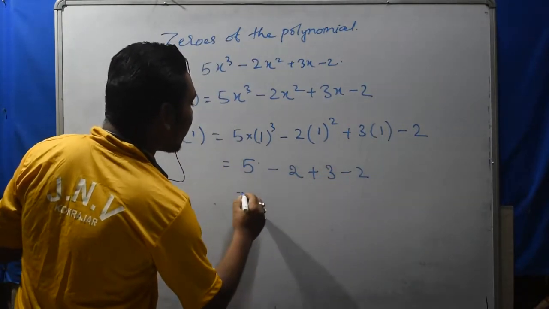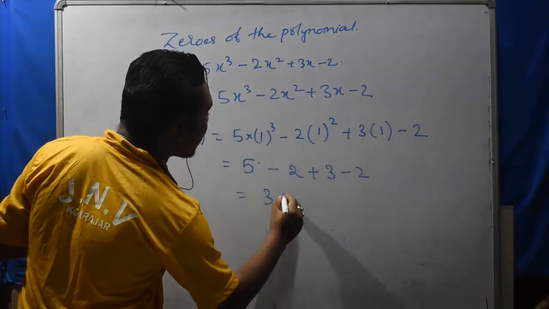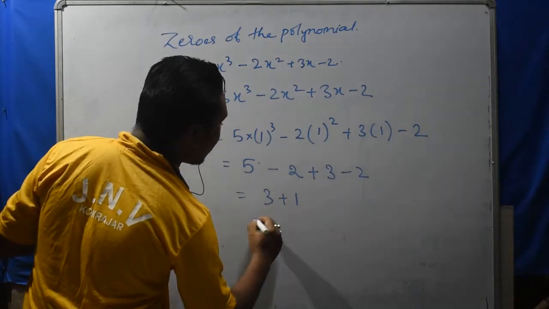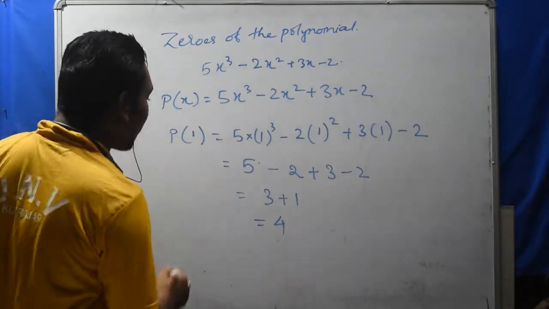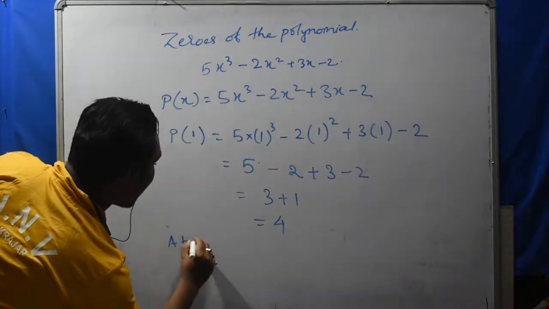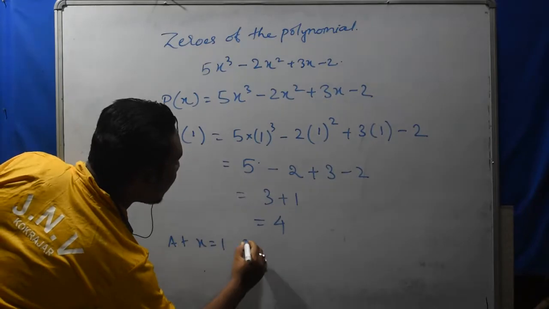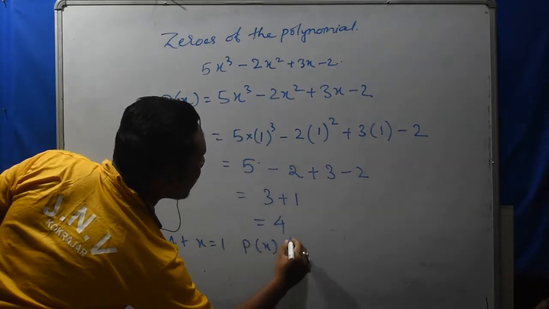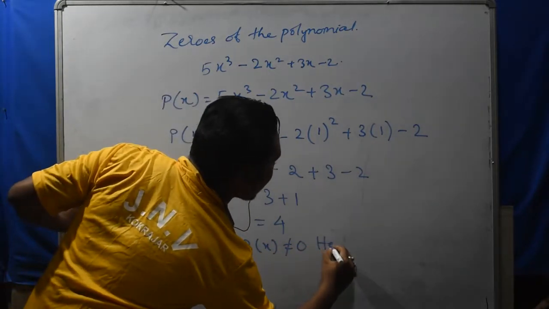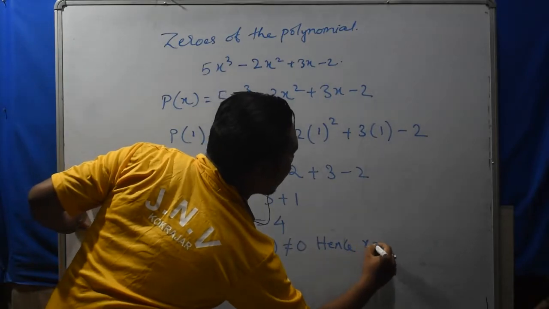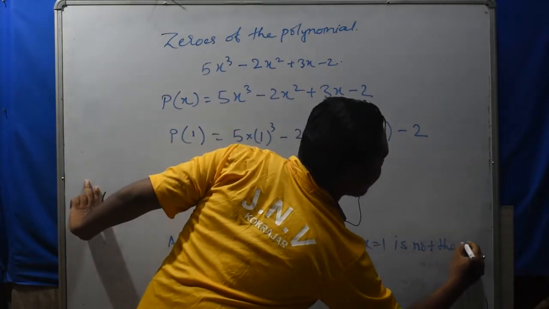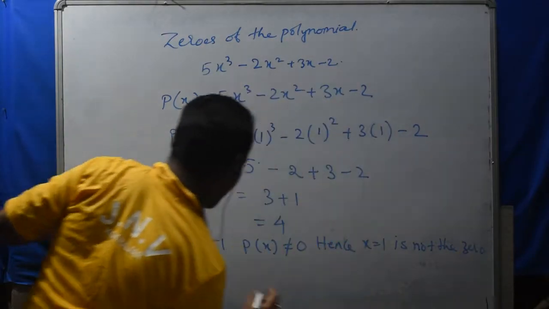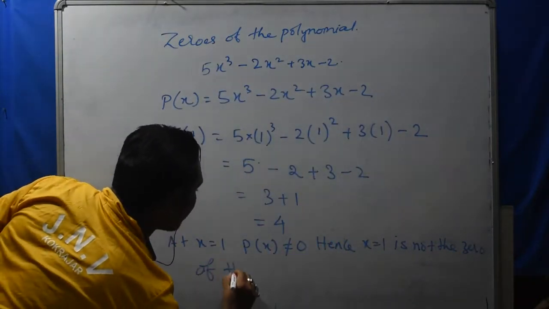So 5 minus 2 is 3, plus 3 is 6, minus 2 is 4. So it is not the zero of the polynomial. At x equal to 1, p(x) is not equal to 0, hence x equal to 1 is not the zero of the polynomial.